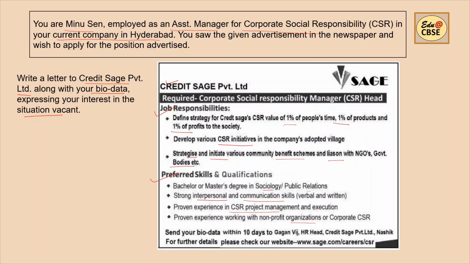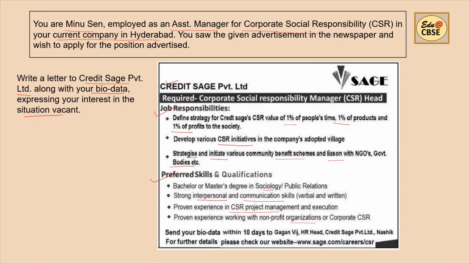So when we are reading the job responsibilities, one responsibility is to strategize and initiate various community benefit schemes. That means that person will be in touch with the people. So the person at this position will be directly in contact with the people. So that means communication skills matter here, as it is already mentioned, interpersonal and communication skills are the priority. So public relations is also a priority.